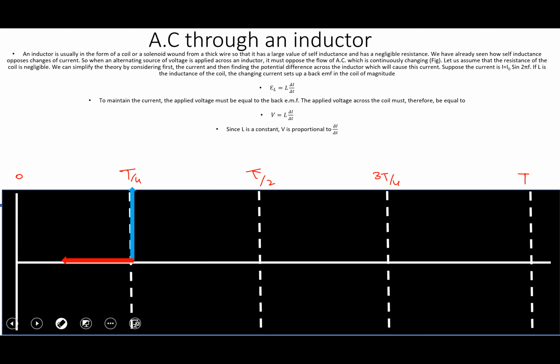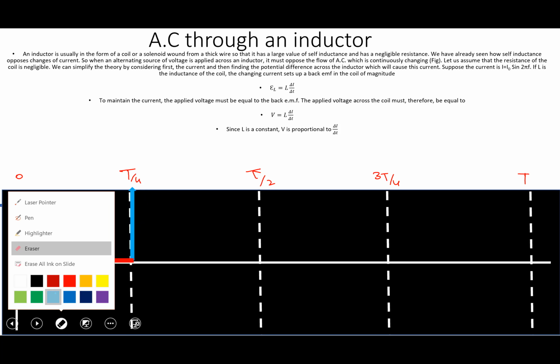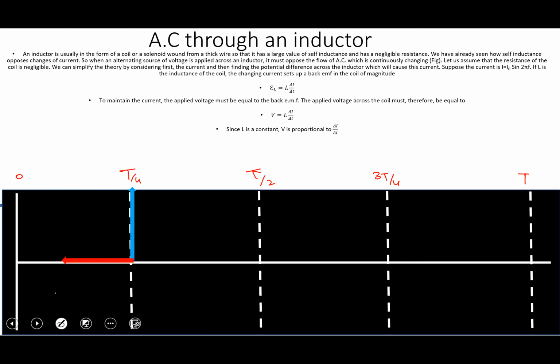Now if we represent it, first of all, we'll just represent the current. It was 0 at point O, and at T by 4 it increased. As we can see, the slope was maximum at the start, so the voltage was maximum. At the point of T by 4, the slope was 0, which means the voltage is going to be 0, and vectorially also we can say the voltage is going to 0.